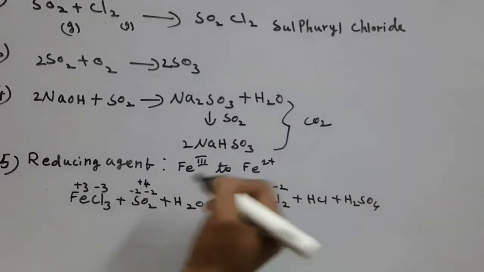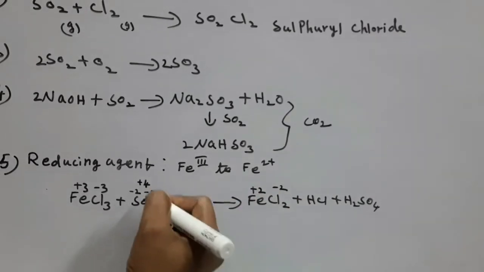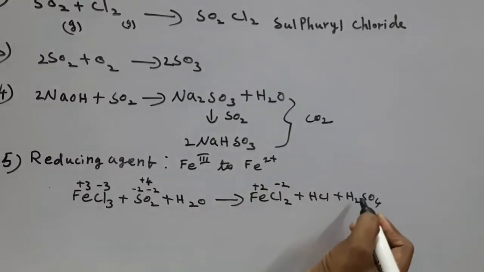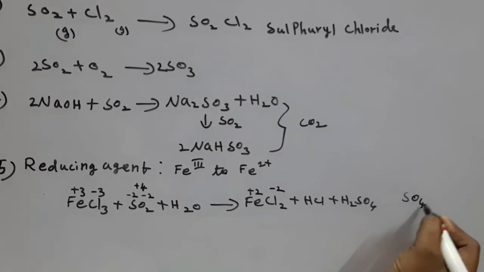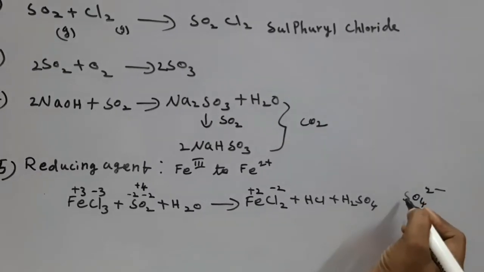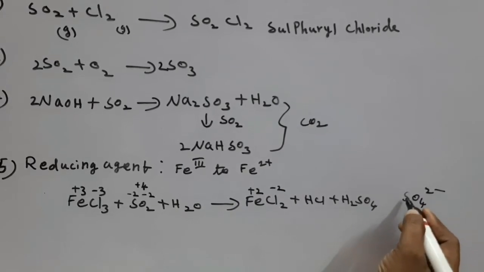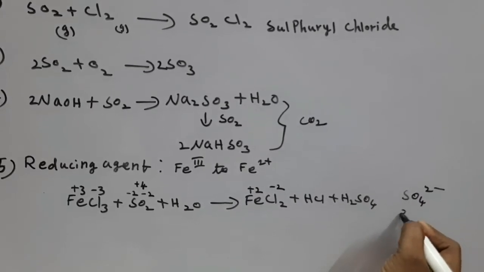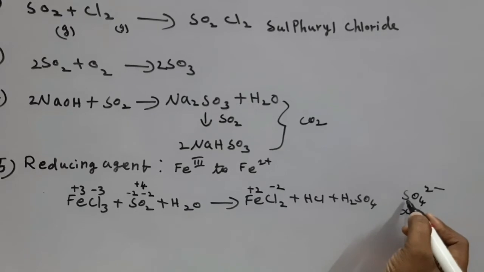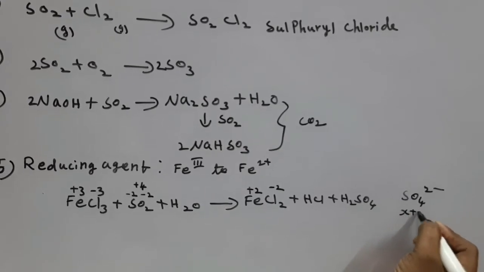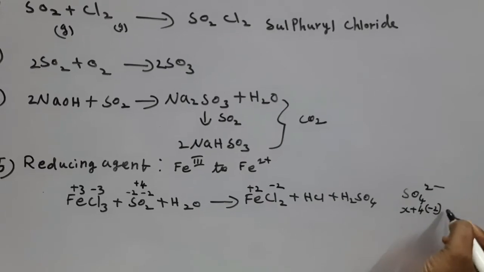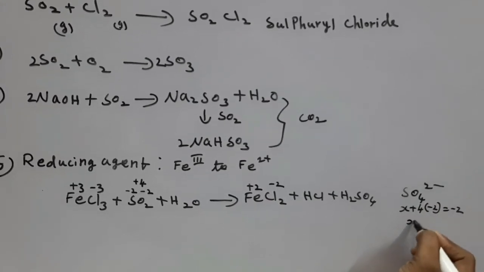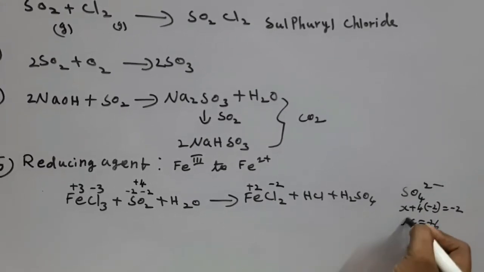Sulfur dioxide loses electrons, an oxidation reaction, to produce H2SO4, meaning SO4 2-. Let me calculate the oxidation state of sulfur in SO4 2-: X plus 4 times minus 2 equals minus 2, so X equals plus 6.